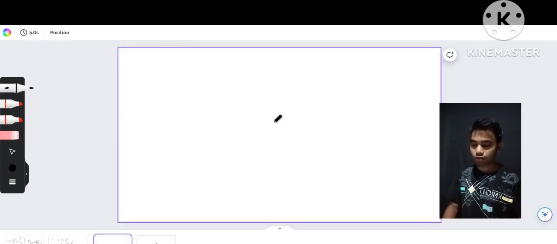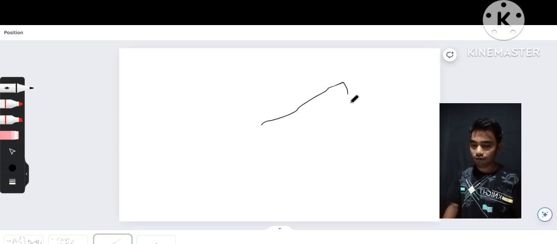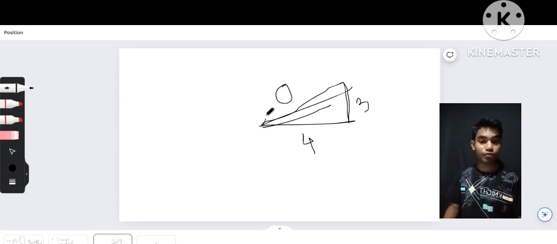Let's suppose this is our vector. Suppose this side's length is 3, and the base length is 4. We have to find the length of it. So how can you find that? As you can see, this is a right angle triangle, so we can apply the Pythagoras theorem.